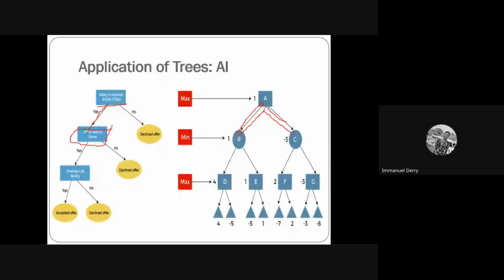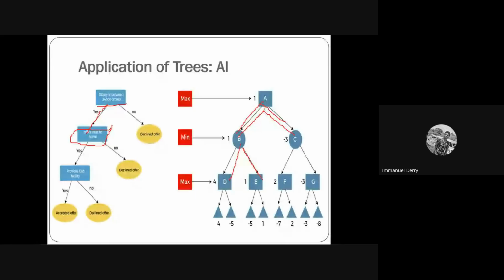Is the offer near to my house or home? Then also you can make a decision out of that. If the offer is near, then I'll probably accept it. If the offer is not near, then I'll discard it. I will decline the offer.